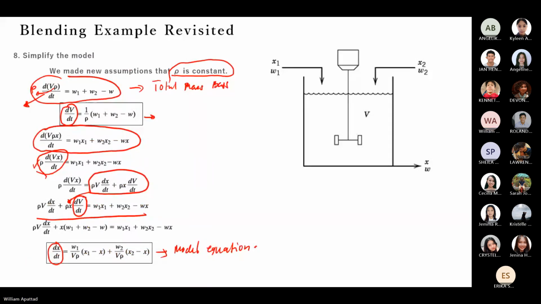So that tells us about the change of x over time. So this is our model equation na. So, yan na yung answer, guys. May question ba? That is our answer now.